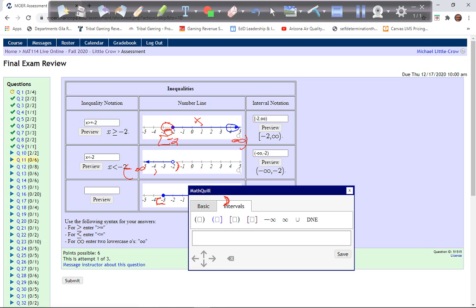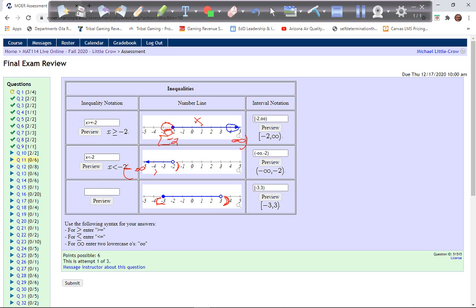For our intervals, we need a closed to an open, and so we go -3 until +3, bracket for the closed, parentheses for the open. There we go.